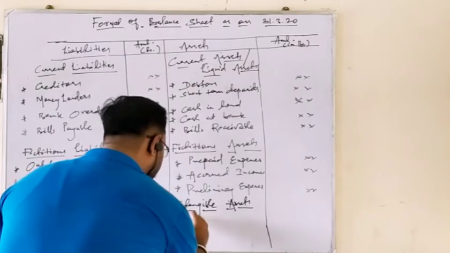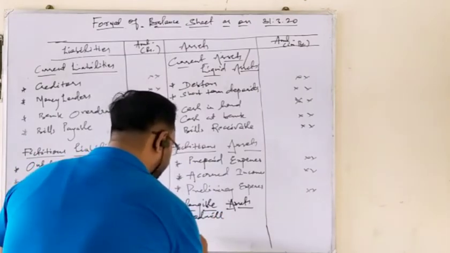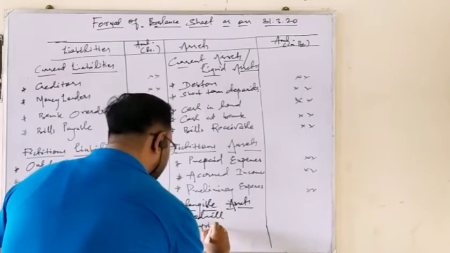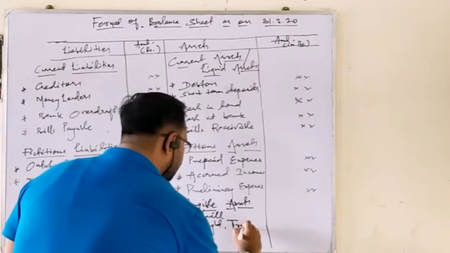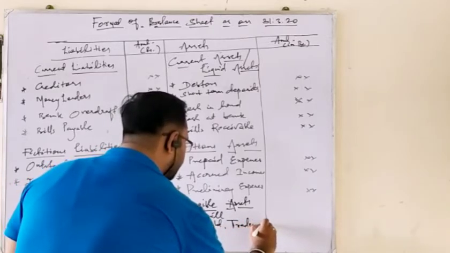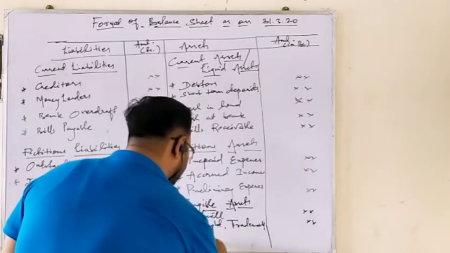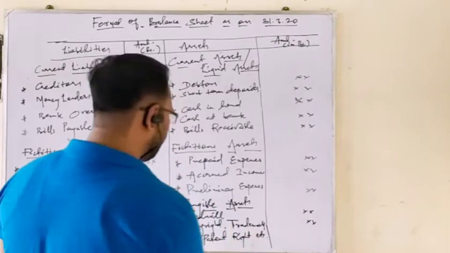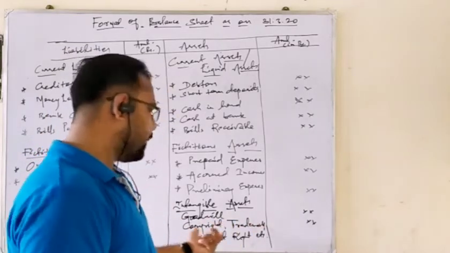There are various examples like goodwill, then copyright, trademark. I am writing and giving a comma because there is no space. Patent right. So these are the examples of intangible assets: goodwill, copyright, trademark, patent right.